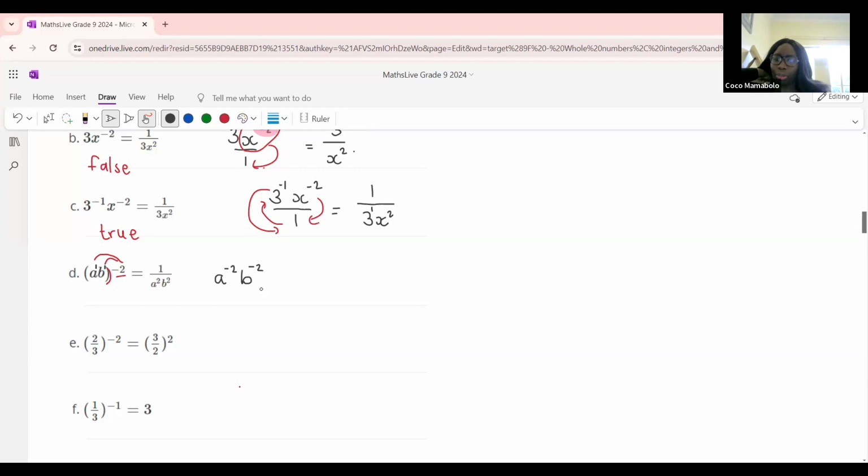We're flipping both, right? So I'm going to put both of them over 1, and I'm going to switch them around. 1 comes to the top, and both of these go to the bottom. So my answer is going to end up 1 over a squared b squared, which looks exactly like the answer they've given us over here. So this one over here is true.